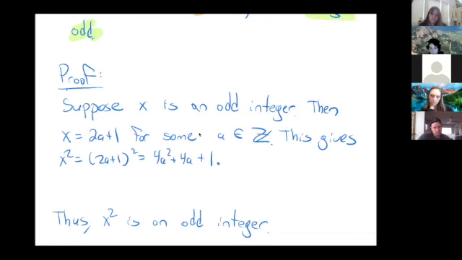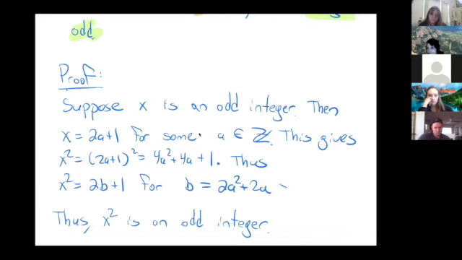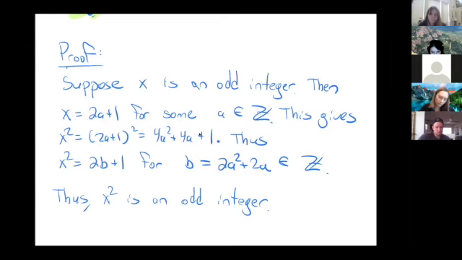And then from this, we want to show that this can be written as 2 times an integer plus 1, where in this case, B is equal to 2a squared plus 2a. And that's an integer because 2 and a are integers. And here's the most satisfying thing about proofs, putting this little colored box at the bottom, and that means you're done with your proof.